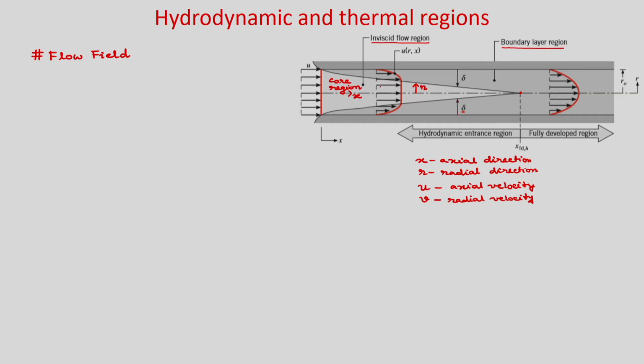At the core region you will have uniform velocity, and if you consider two different sections, let us say this is x1, and another section x2, then your core velocity will increase.